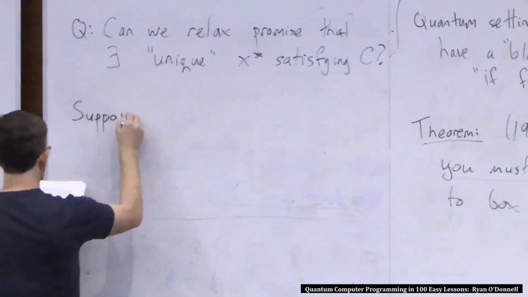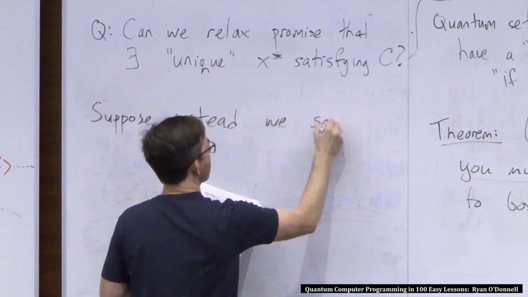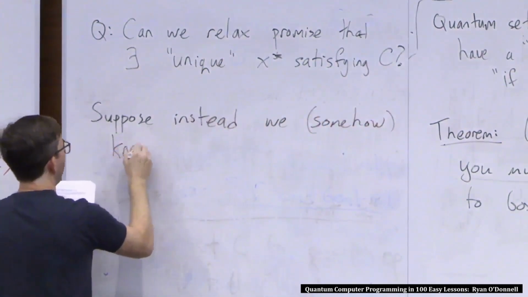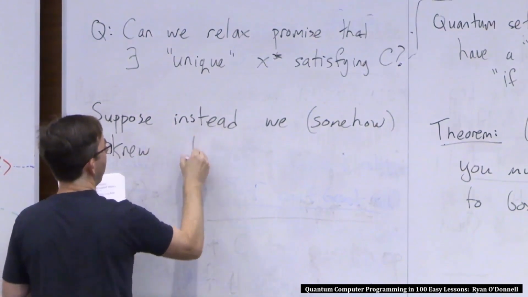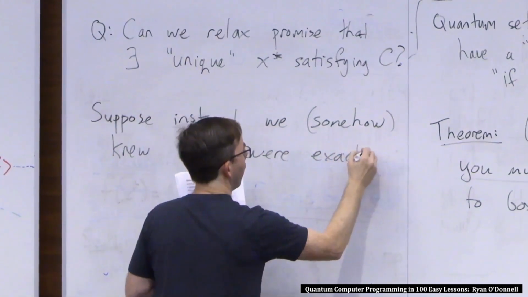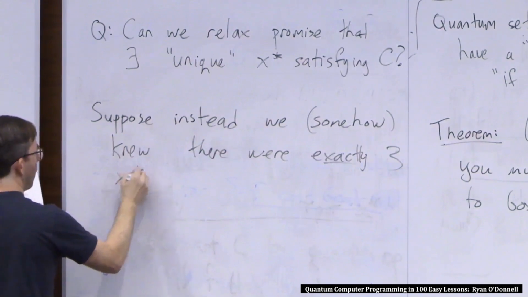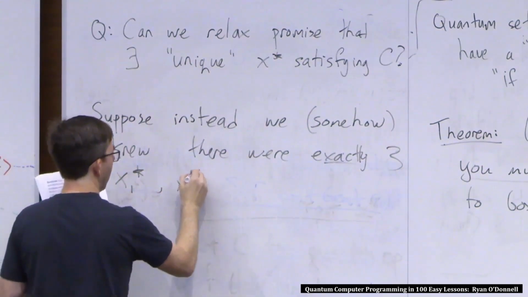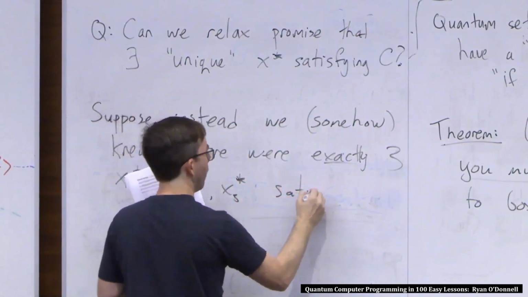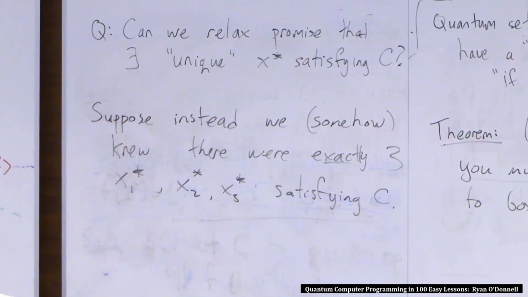Suppose instead we somehow knew, or were promised, there were exactly 3, which I'll call x1 star, x2 star, and x3 star, satisfying C. So this is equally implausible.